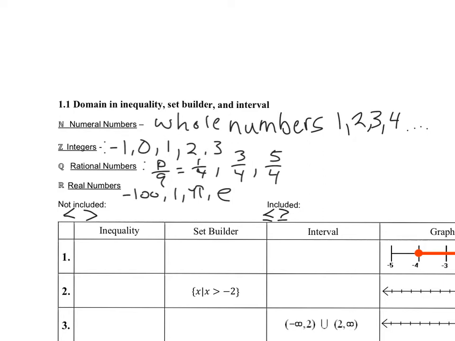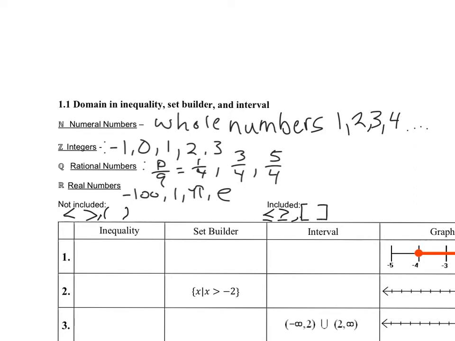Some other ones we might be familiar with, probably from our Algebra 1 days, are brackets and parentheses. If we want to say something is not included, we use parentheses, and if we want to say it is included, we use a bracket.